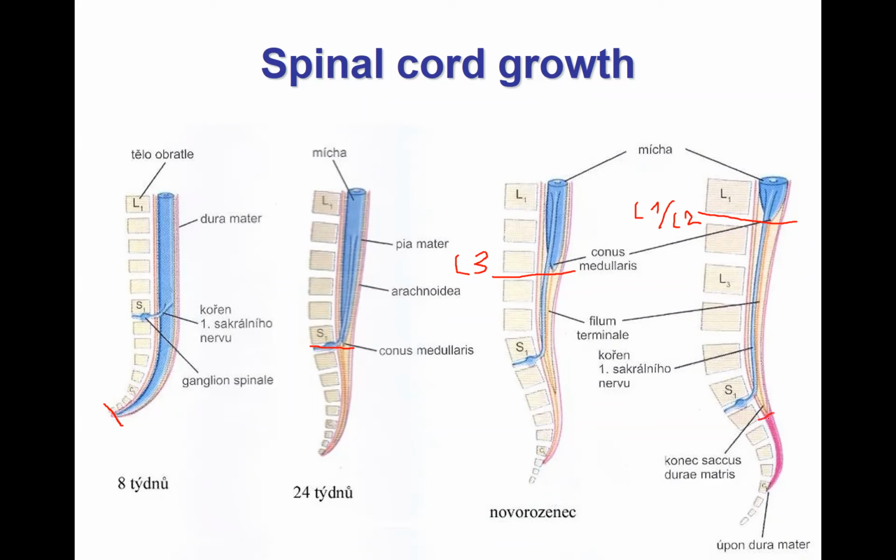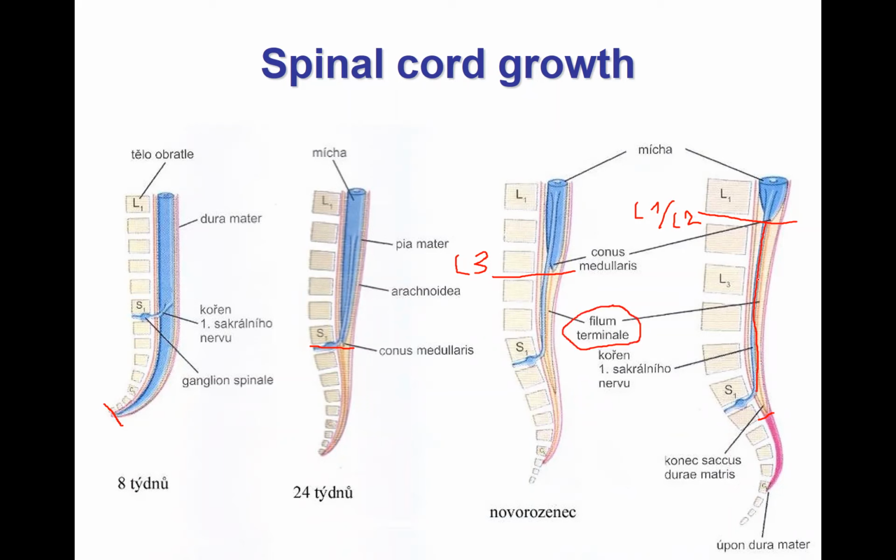And here is just a small rest which is attached to coccygeal vertebra. So this space contains the Cauda equina, and this, which is a real remnant of spinal cord, but it's only a glial structure without function, and it's called filum terminale, like terminal thread. Filum terminale. No function, but it is there.